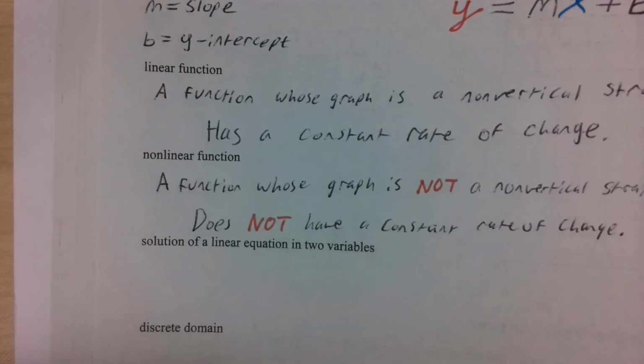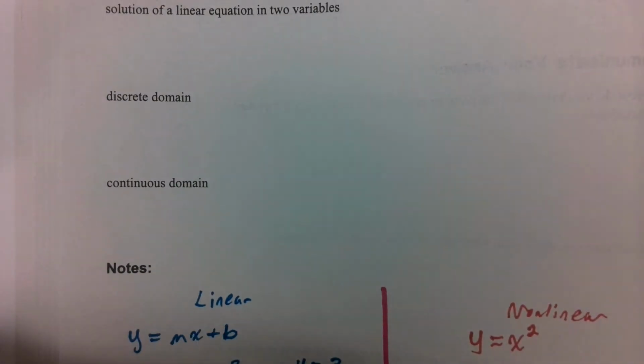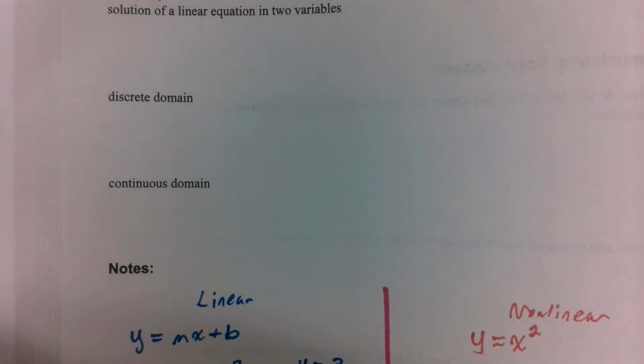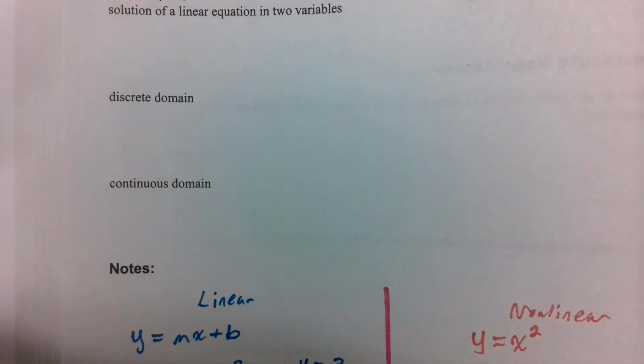Here, we're talking about discrete domains and continuous domains. So the way we define it is this.